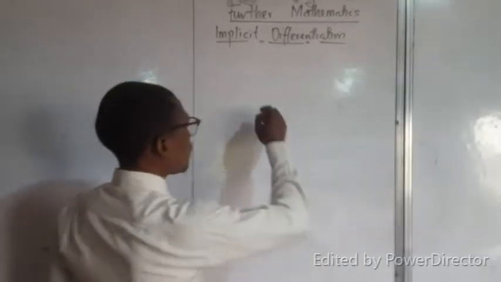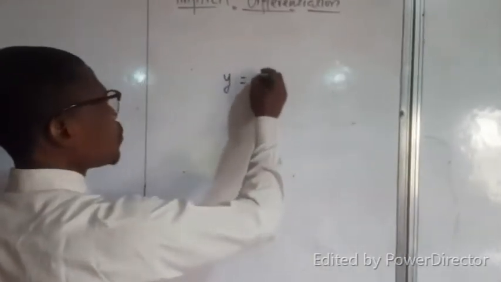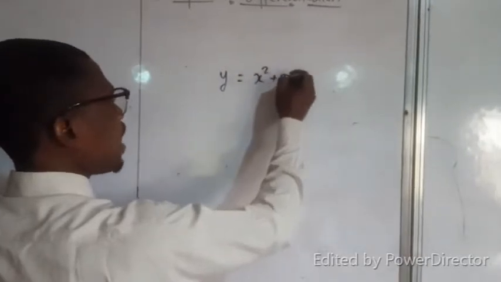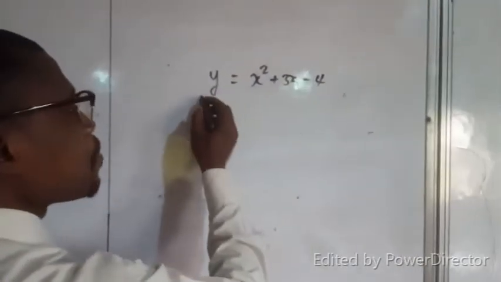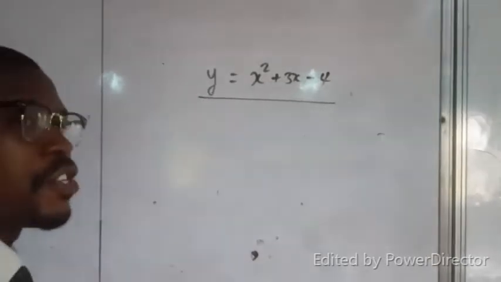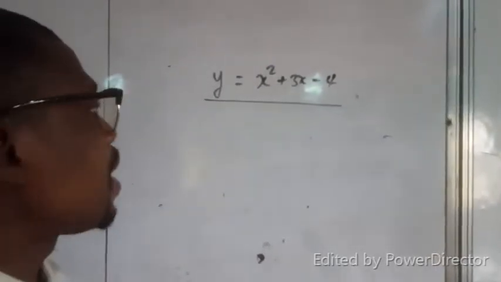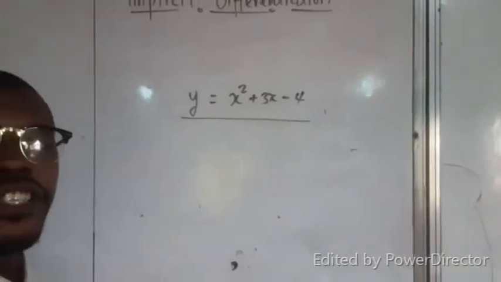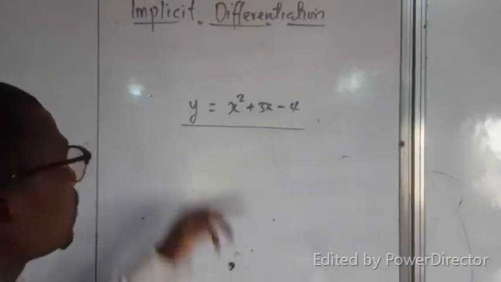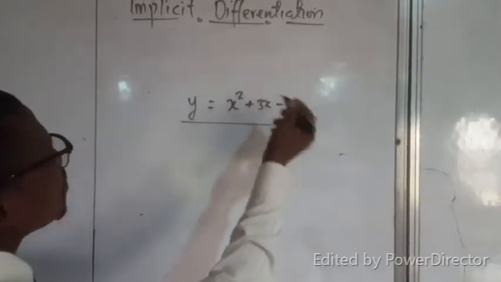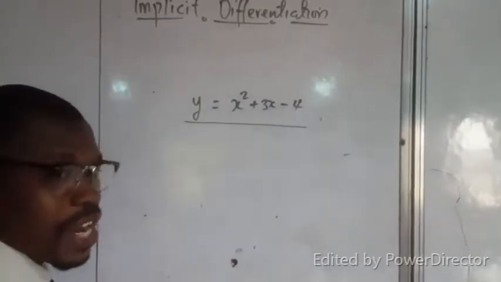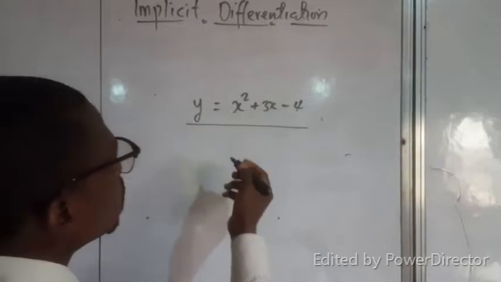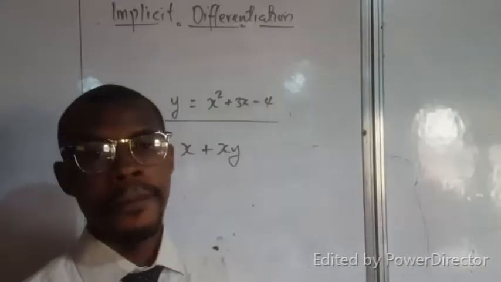Like if you have y is equal to x squared plus 3x minus 4, in this expression y is already the subject. So it means all that we have been treating, they are explicit differentiation. This is implicit. So examples of implicit function are the ones where you cannot express one as the subject of the other.